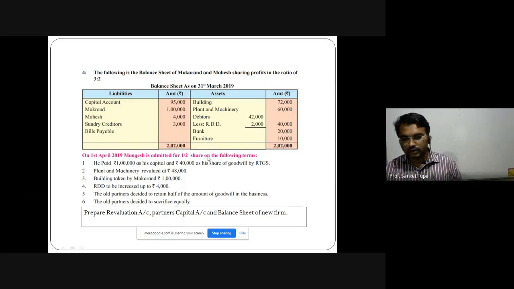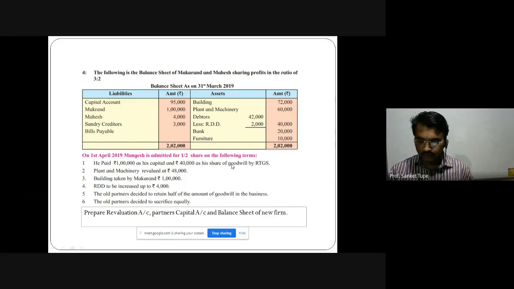Half share means out of the total profit he will take 1 upon 2. Then he paid rupees 1 lakh as capital and 40,000 as his share of goodwill by RTGS. So he has given the goodwill share by transferring the amount from his bank account.